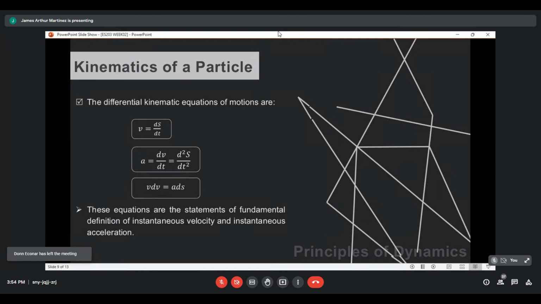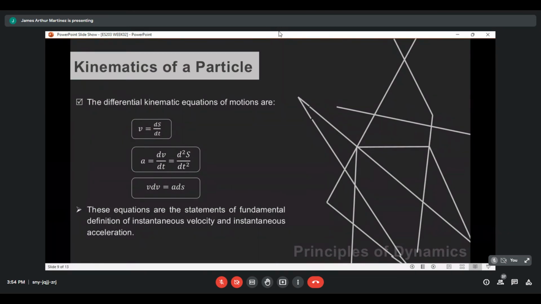We have here another definition of acceleration, that it is equal to d squared s over dt squared. This means that acceleration is the second derivative of your displacement.